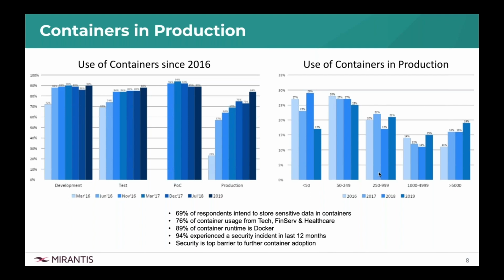Production environments, on the other hand, aren't as well established, but are at least trending upward, as you can see on the graphs. The graph on the right shows us that most containers are running in cluster sizes up to 1,000 nodes. Fewer environments have between, say, 1,000 and 5,000 nodes. A fair number of environments have more than 5,000. So the distribution of the sizes of container environments really varies.